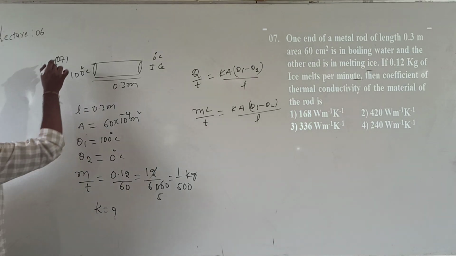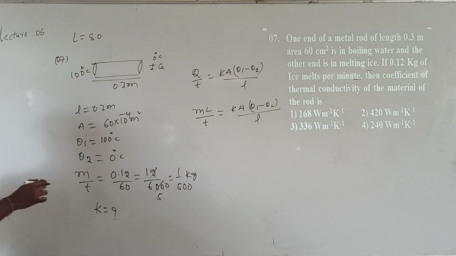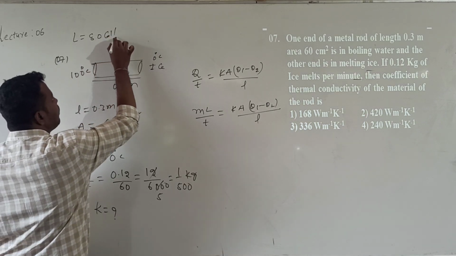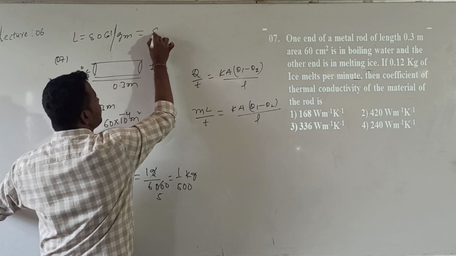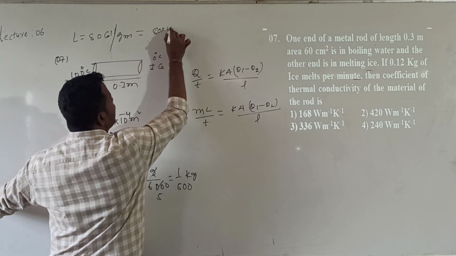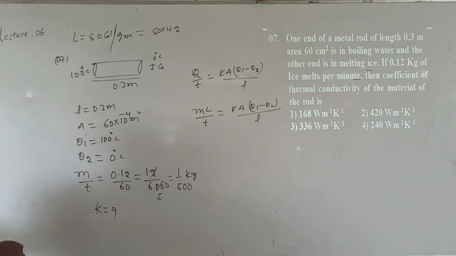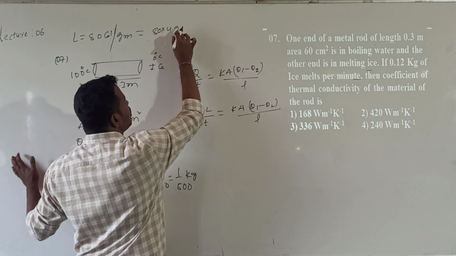So what is the latent heat of ice value in SI system? We have written the value as 80 calorie by gram. If you want to convert it, that is 80 into 4.2, since 1 calorie is 4.2 joules. By gram, the value is 10 power minus 3 kg, which will come to the numerator.